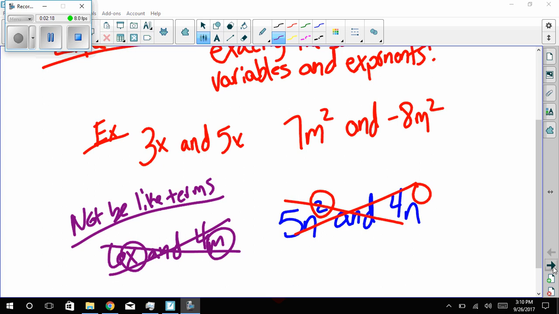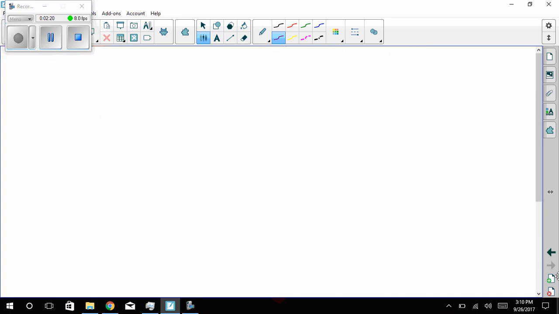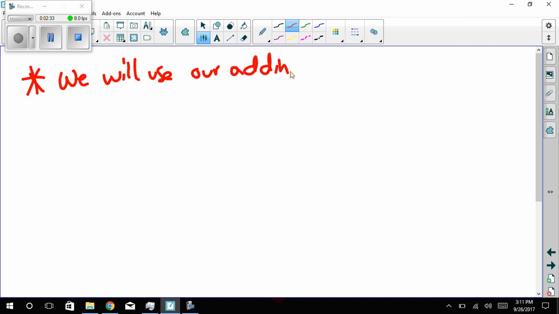So, now some examples. Couple of things. We are going to use our adding rules on the coefficients.